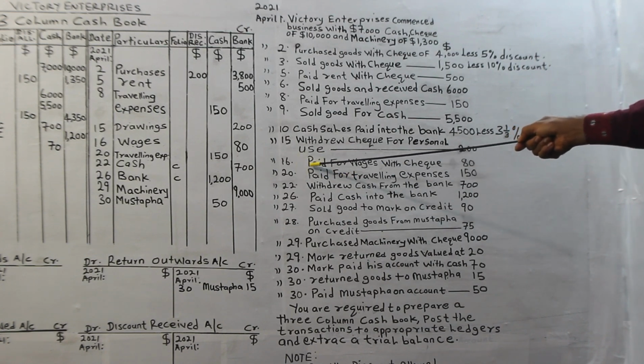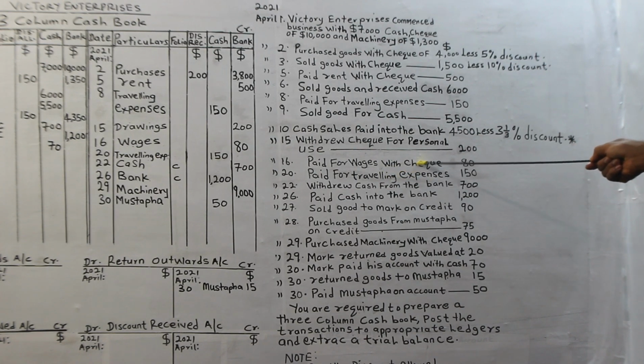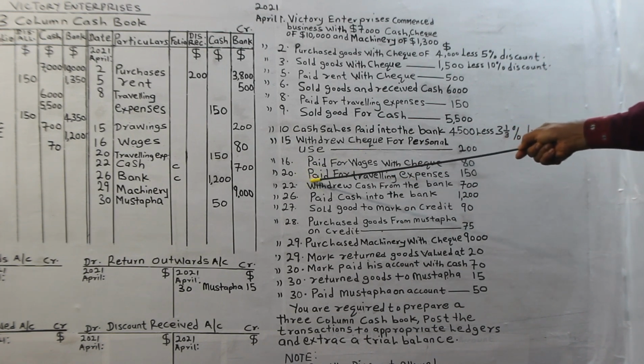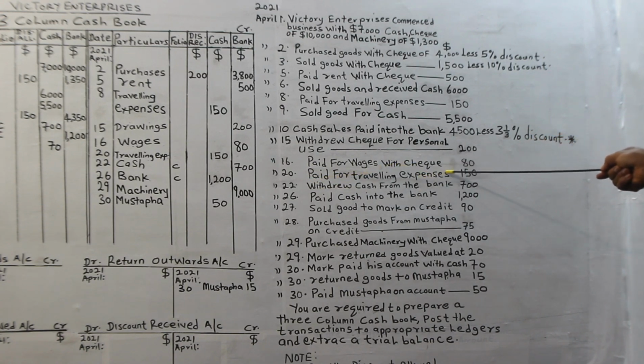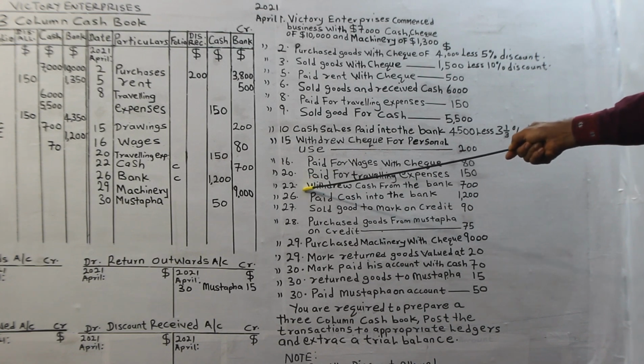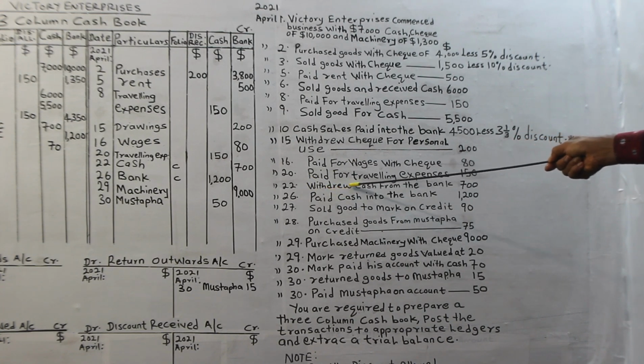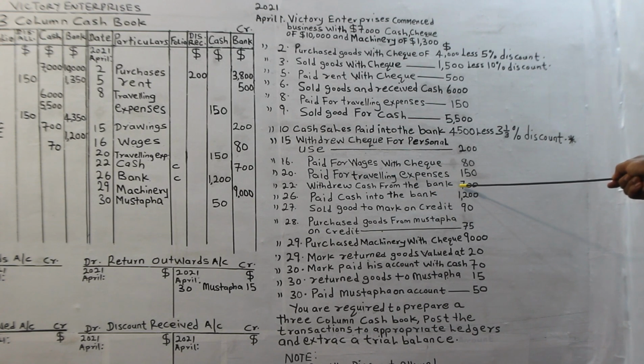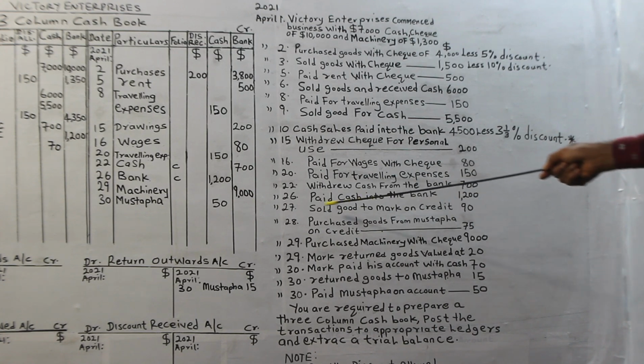April 16th, paid for wages with check $80. April 20th, paid for traveling expenses $150. April 22nd, withdrew cash from the bank $700.